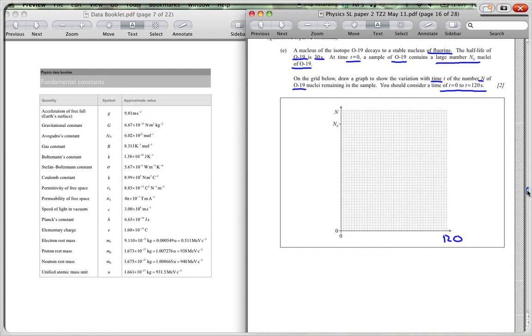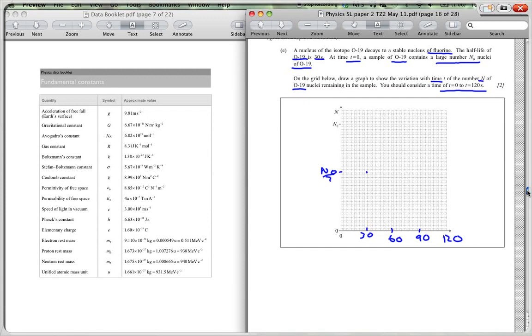It's quite difficult for me to see it on the board here, but so here this would obviously be 60 seconds, this would be 30 seconds, and this would be 90 seconds. Now, because 30 seconds is a half-life, after 30 seconds, this N0 is going to be a half, so it would be somewhere over there. I'm not doing it exact, but this would be N0 over 2, and that would correspond to that point about over there.